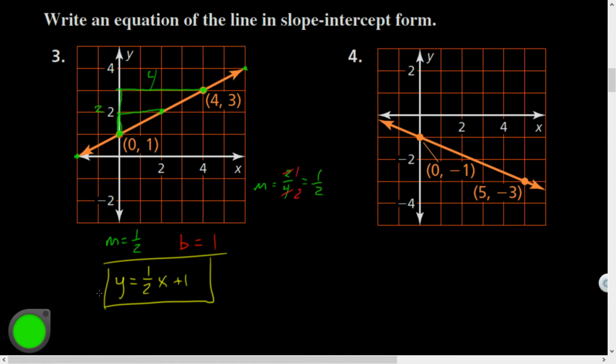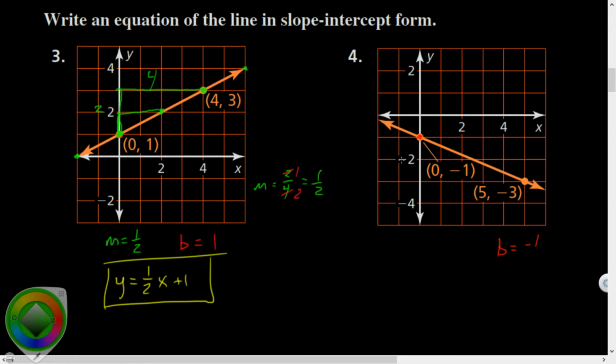Let's see, question 4. Tyler, give me the slope or the y-intercept. Either one, whichever one you want, M or B. Yep, y-intercept is -1, right? Where does it cross the y-axis? So B equals -1.